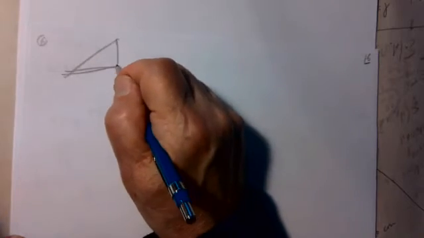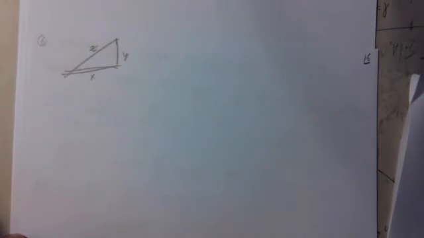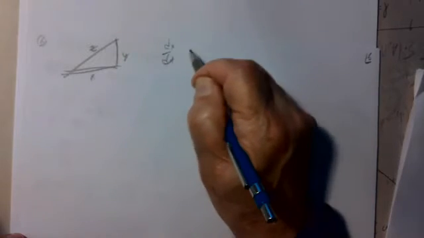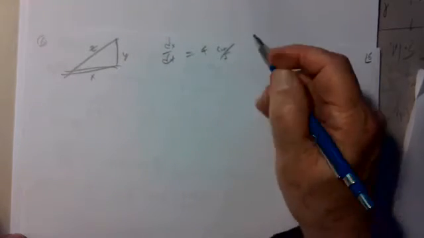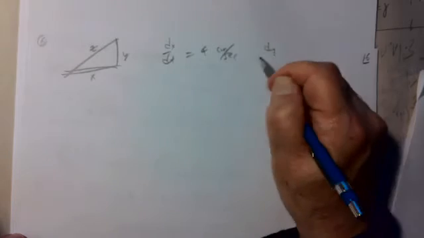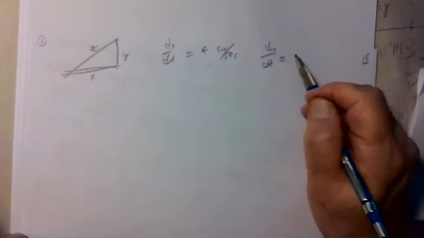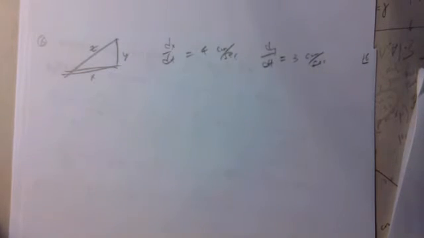So you have a right triangle, x, y, and z, and x and y are changing as a function of time. dx/dt is increasing at a rate of 4 centimeters per second, and the height, dy/dt, is increasing at a rate of 3 centimeters per second.